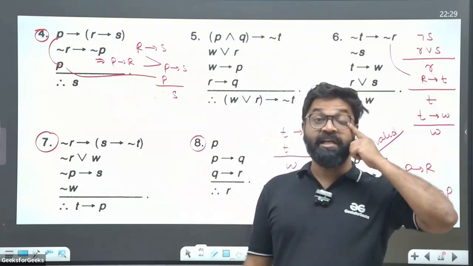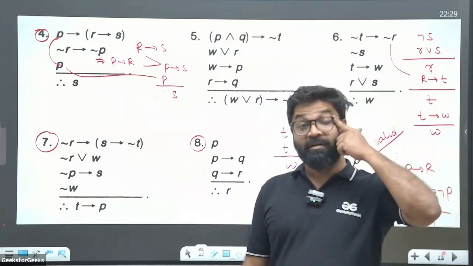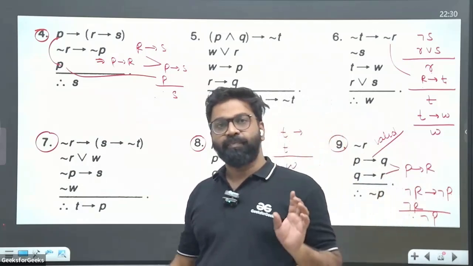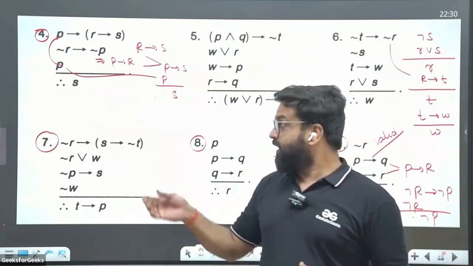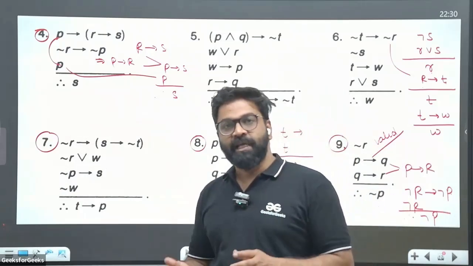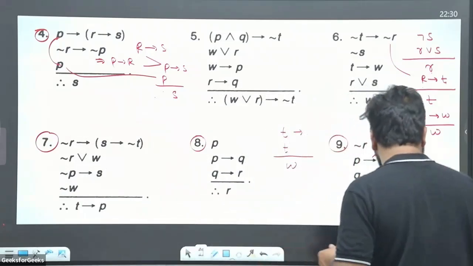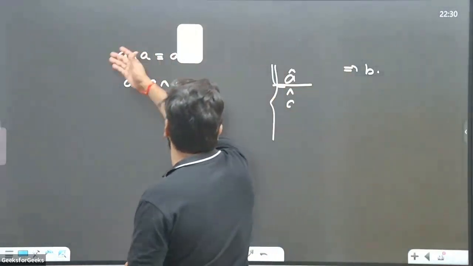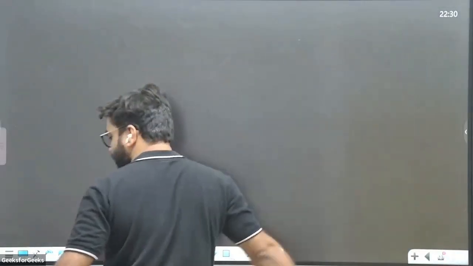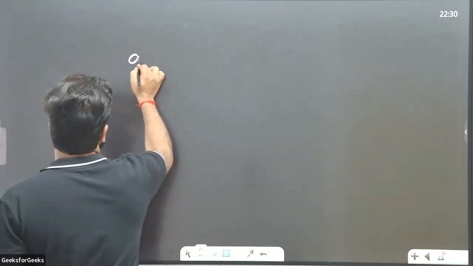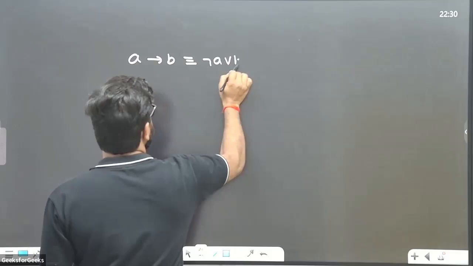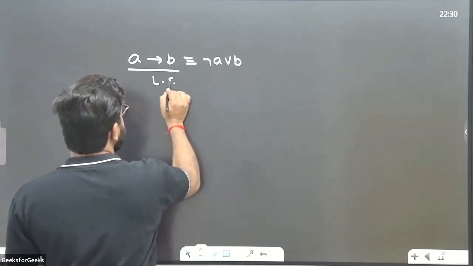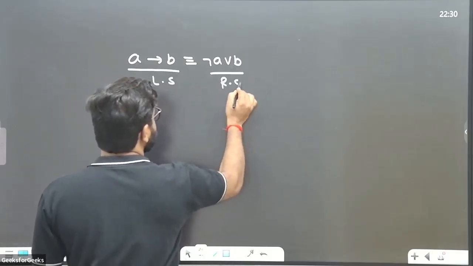Logical equivalence is different. In logical equivalence, you can do like that. Logical equivalence says that the left side is equal to the right side. Here, the left side is not equal to the right side. Your left side is implying. I need to give a clarification on this, because many times students have a problem. For example, A implies B is logically equivalent to negation of A or B. So this is your left side, and the left side is equal to the right side.